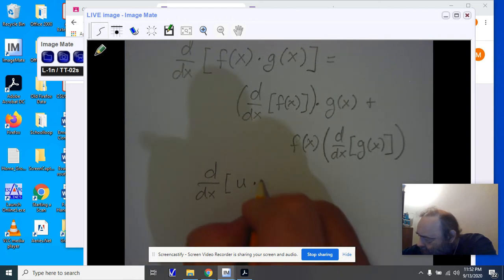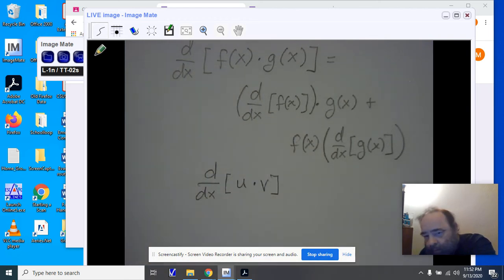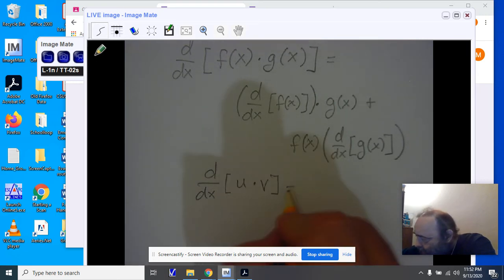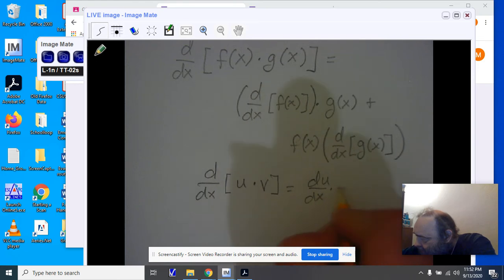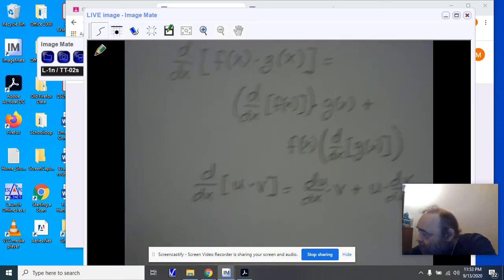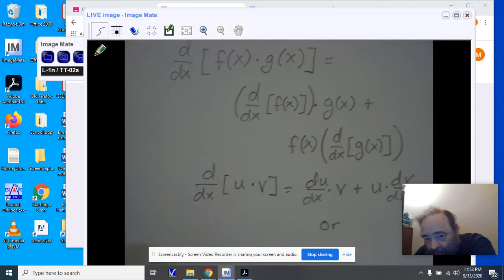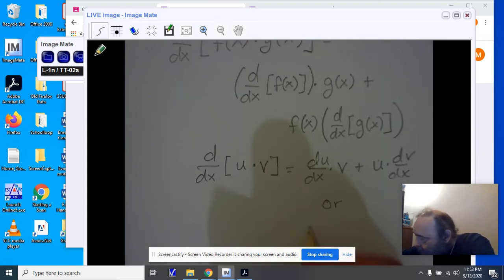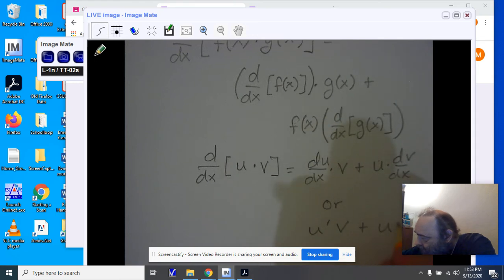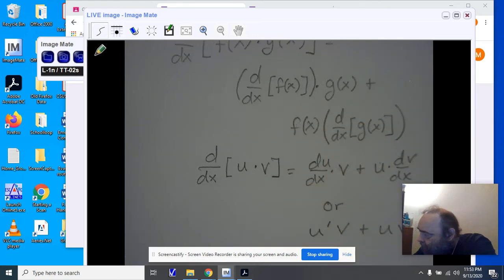Now we often see this using different letters. U times V. Now what we end up with is du dx times V plus u times dv dx, or as some people prefer it, u prime v plus u v prime.